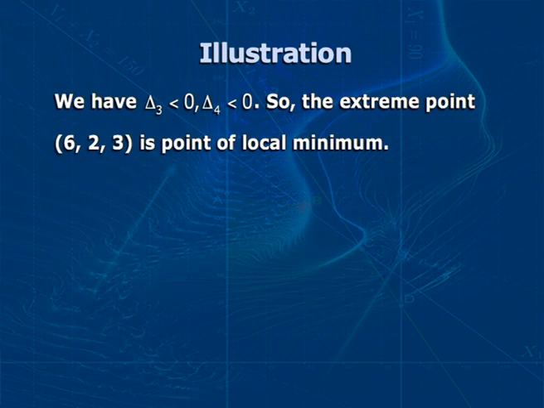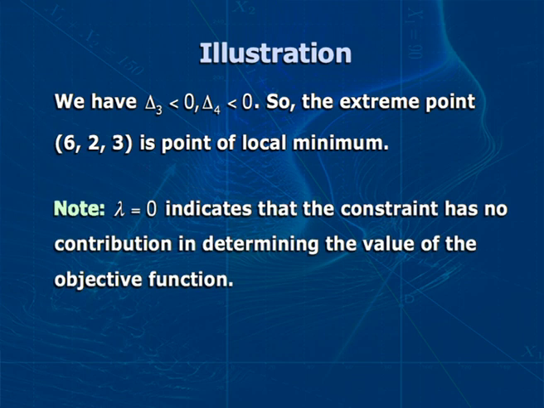We have delta 3 less than 0, delta 4 less than 0. So, the extreme point (6, 2, 3) is a point of local minimum. Note, lambda equal to 0 indicates that the constraint has no contribution in determining the value of the objective function.